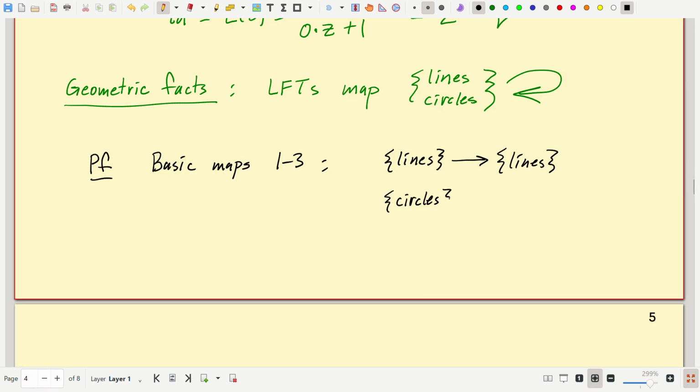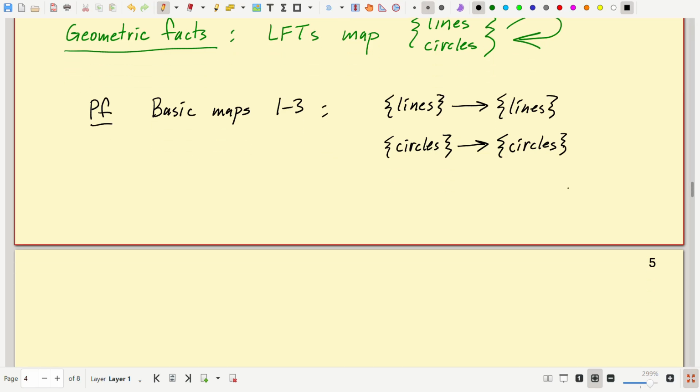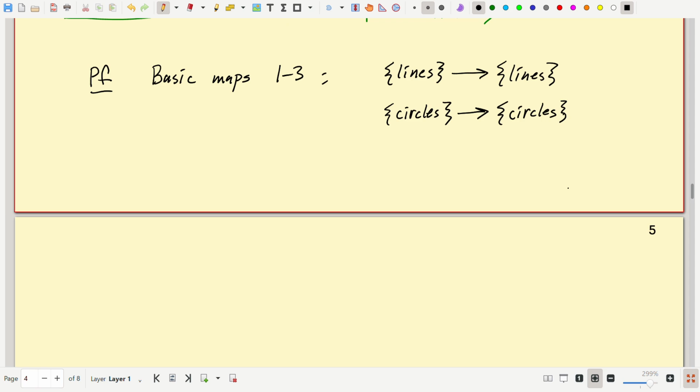In fact, those mappings are called rigid motions. So it looks like maybe lines go to lines and circles go to circles, but the map number 4 can jumble them up.